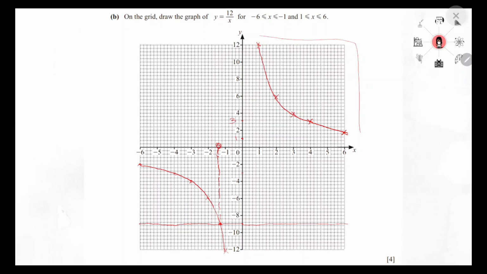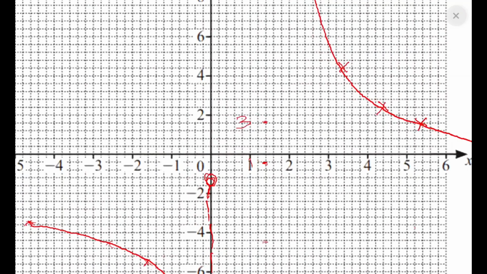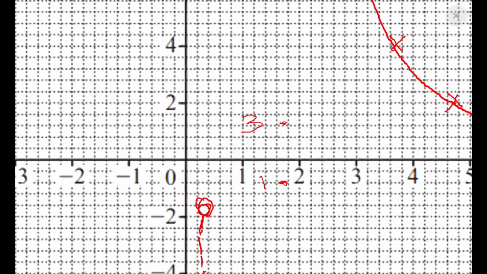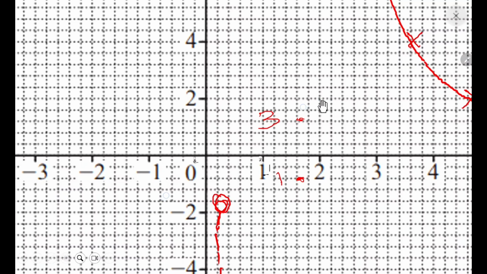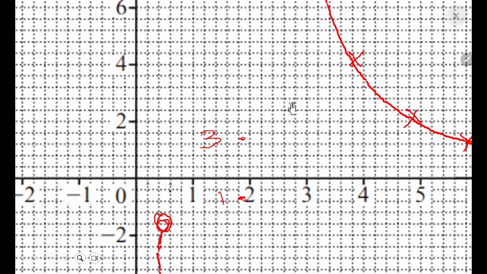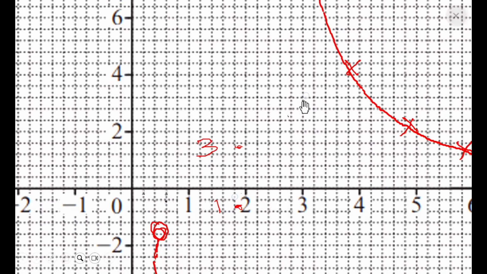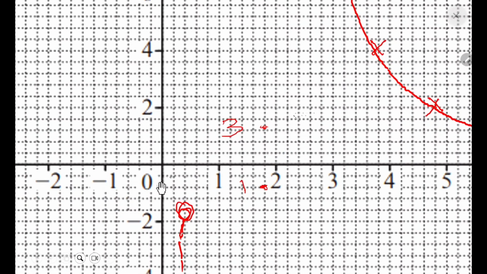Now how do we identify what point it is? As we can see, there are 5 boxes between 0 and 1. So we'll divide 1 by 5, which will give us 2 by 10. So each box represents 0.2.